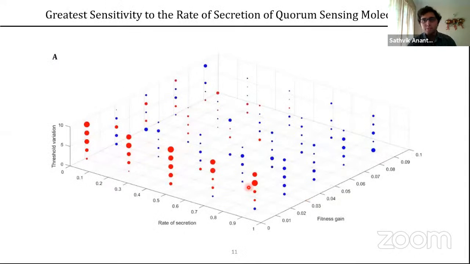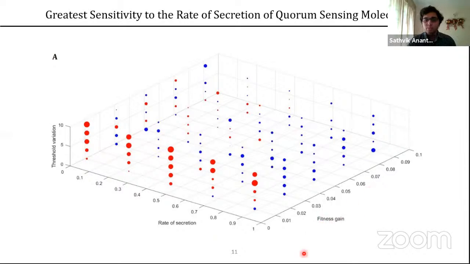We then decided to do a grid search to explore the parameter space. The 3 parameters that we chose to study are the 3 that are most amenable to experimental variation. So these are the rate of secretion of quorum sensing molecules, which can be varied by using promoters of different strengths to drive the expression of the enzyme that synthesizes the AHL molecule.